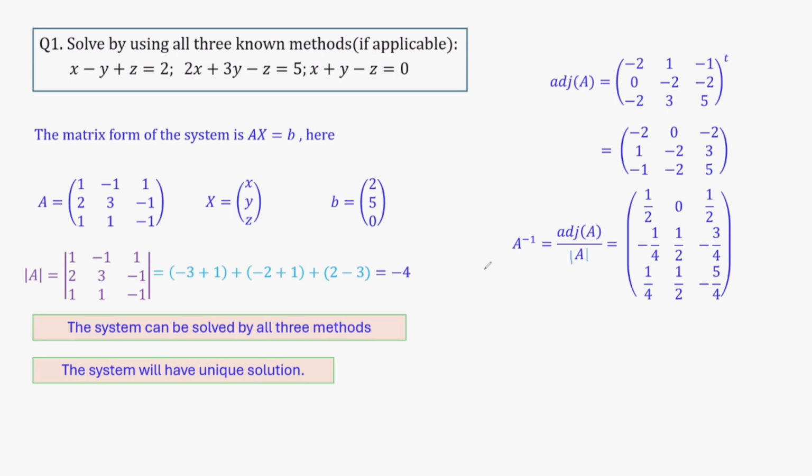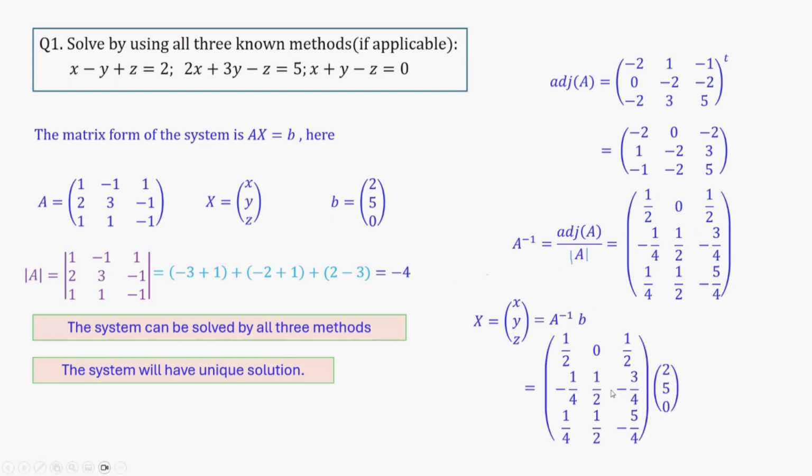Next, X, Y, Z, the variable matrix X, will be A inverse B from this system. So A inverse is calculated here and we will multiply it with B. So A inverse B is like this.